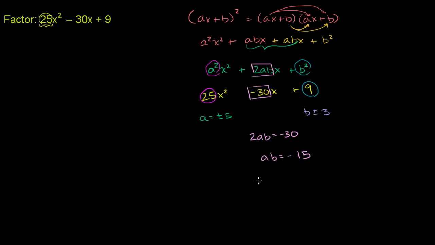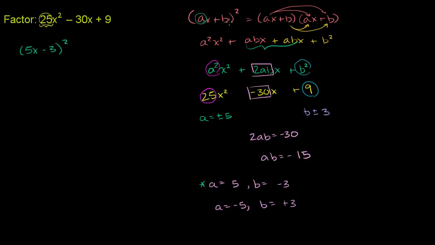So we could select a is equal to positive 5 and b is equal to negative 3. Those would work out to ab being equal to negative 15. Or we could make a is equal to negative 5 and b is equal to positive 3. So either of these will work. So if we factor this out, it could be a is 5, b is negative 3, so this could be (5x minus 3) squared.